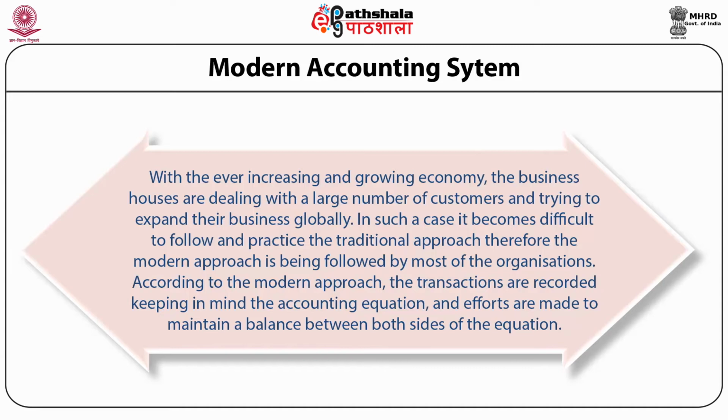According to the modern approach, the transactions are recorded keeping in mind the accounting equation, and efforts are made to maintain a balance between both sides of the equation. Before moving ahead, it is important to understand what an accounting equation is.